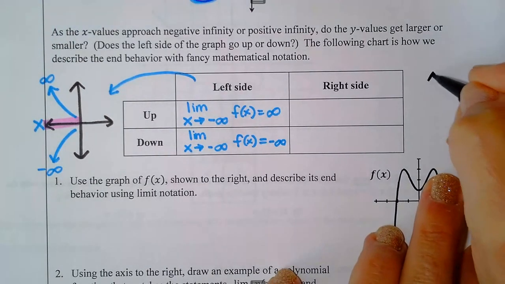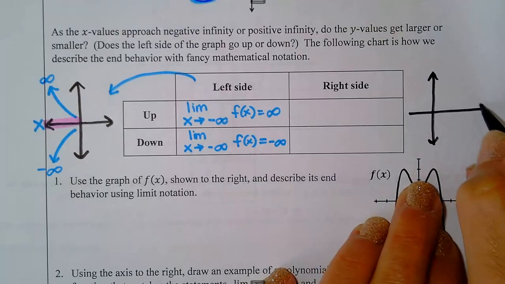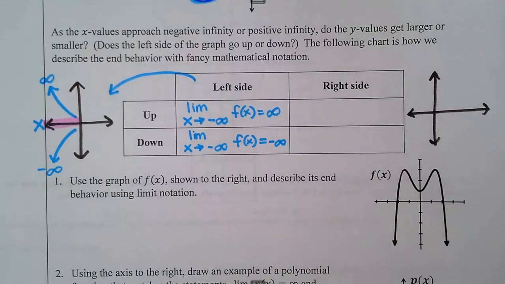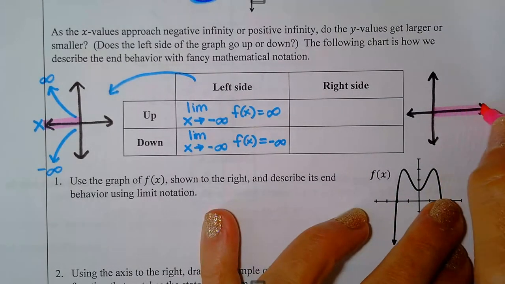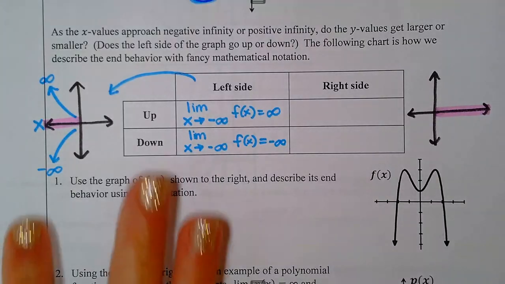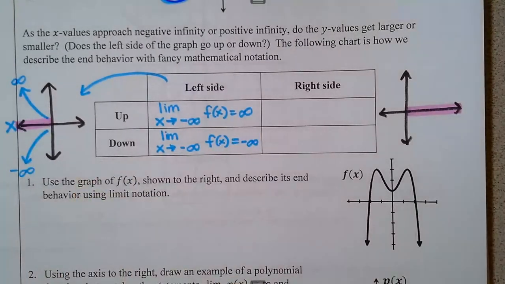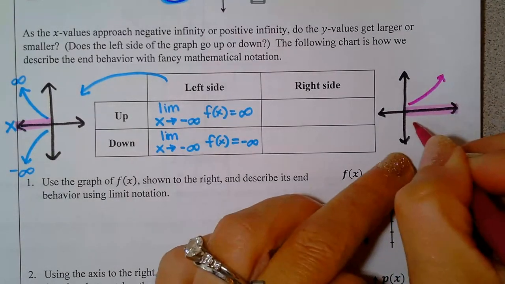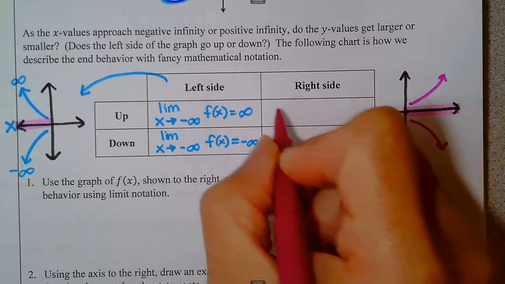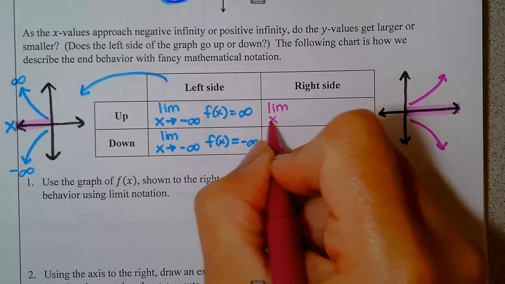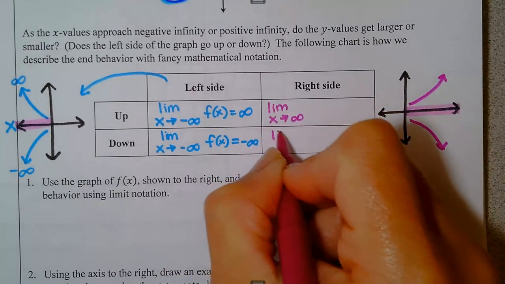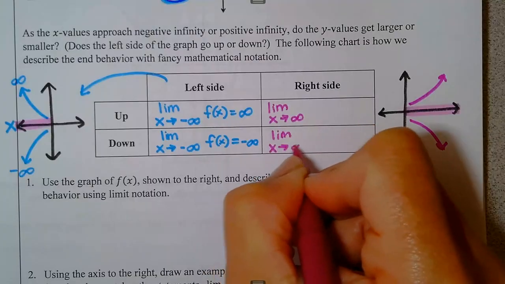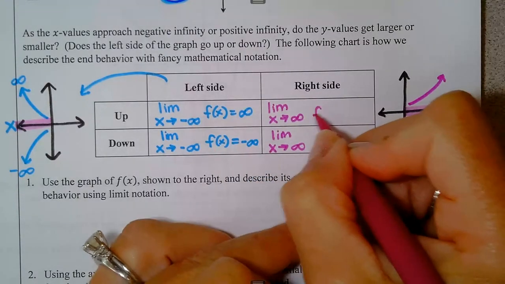And then kind of the same thing here. The big difference is that you're looking at the right side of the graph. And then it's either going up or down. So you're going to have the limit of x to infinity, of f of x.